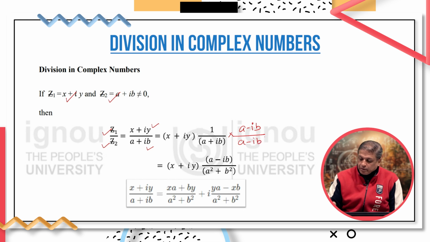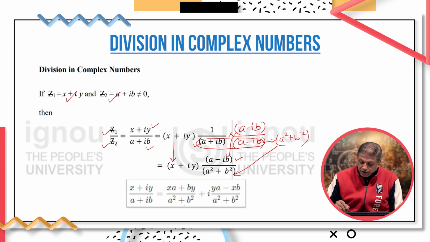Multiply and divide by a minus ib, that is the conjugate of a plus ib, and solving the denominator, you will get it equal to a square plus b square. So that means the overall expression turns out to be x plus iy into a minus ib upon a square plus b square, which is obtained after solving a plus ib into a minus ib.